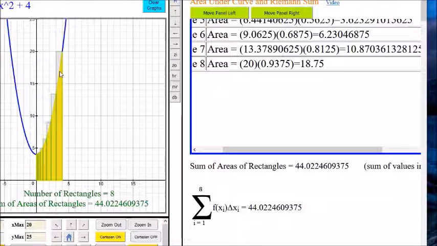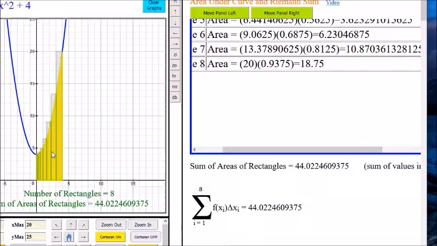But we notice that the 8 rectangles that we use with the right endpoint method are outside of the shaded region, and therefore this number right here would be larger than the actual shaded region.